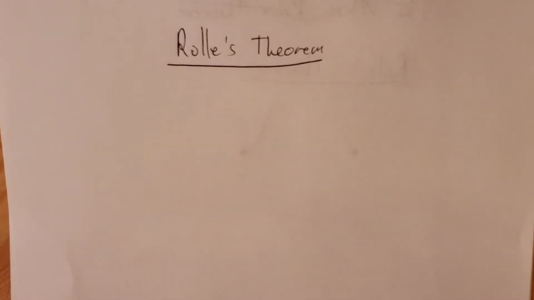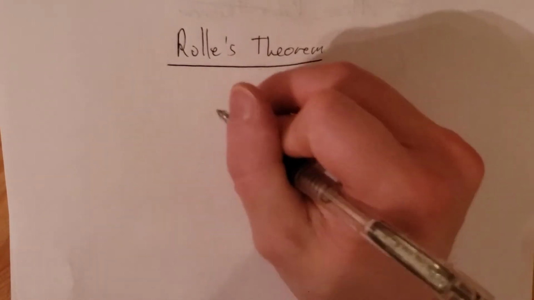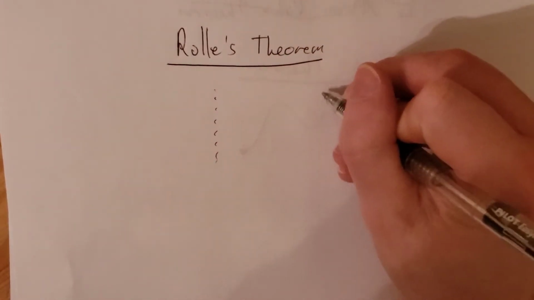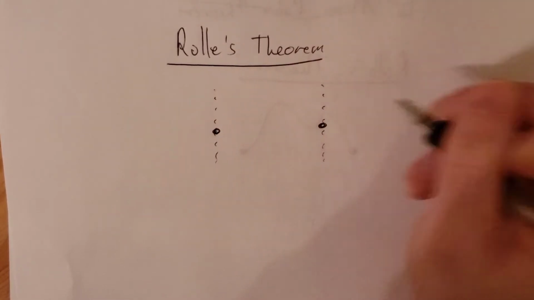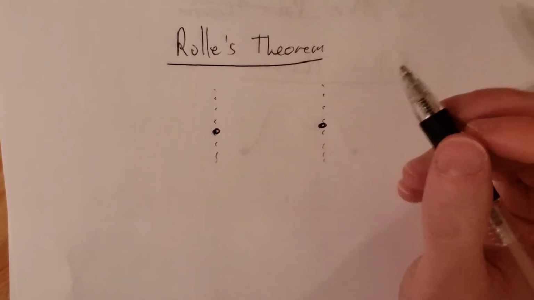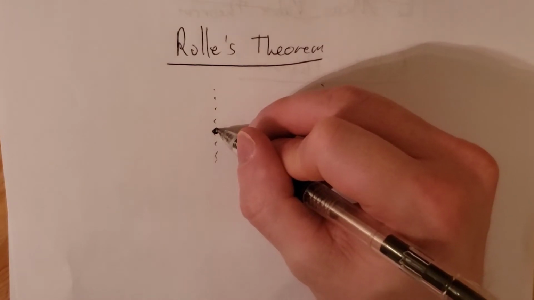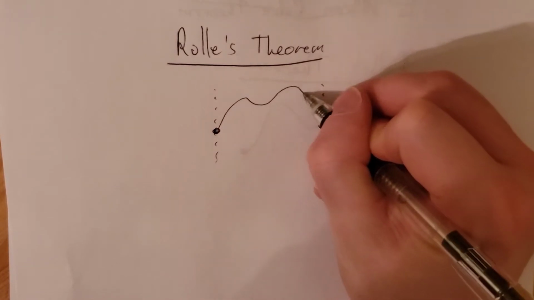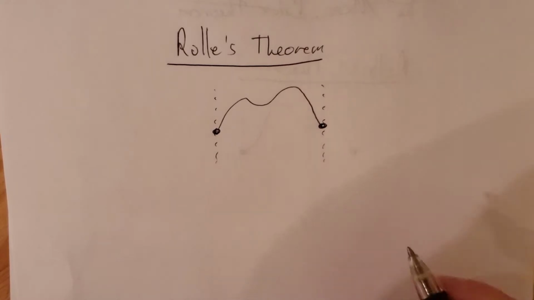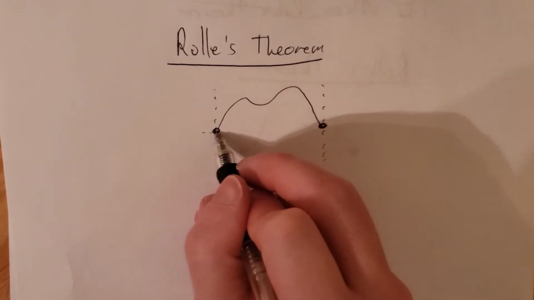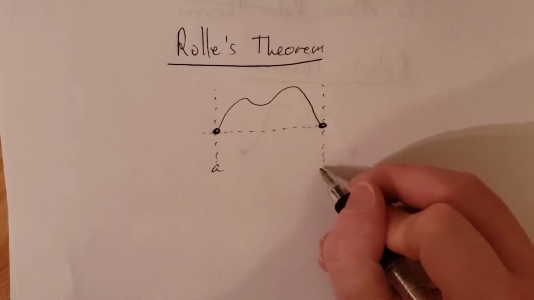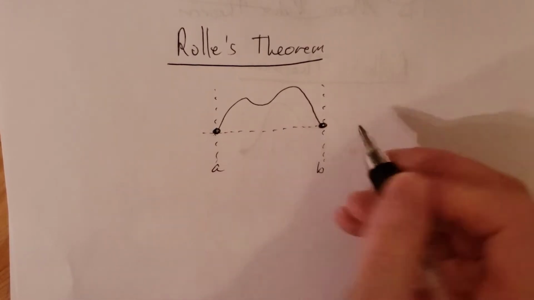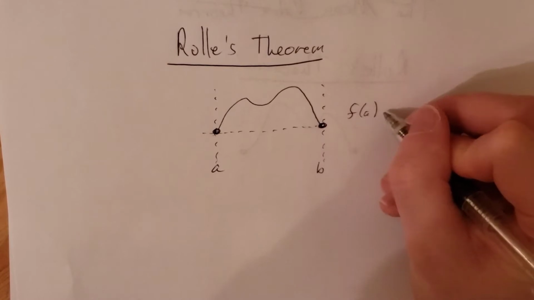In this video, we're going to take a look at Rolle's theorem. And let's see what Rolle's theorem means by just looking at a picture. So let's suppose we have a closed interval here, where we have a continuous function on this closed interval. And moreover, let's suppose that f of a, if this is a, and this is b, let's suppose f of a is equal to f of b.